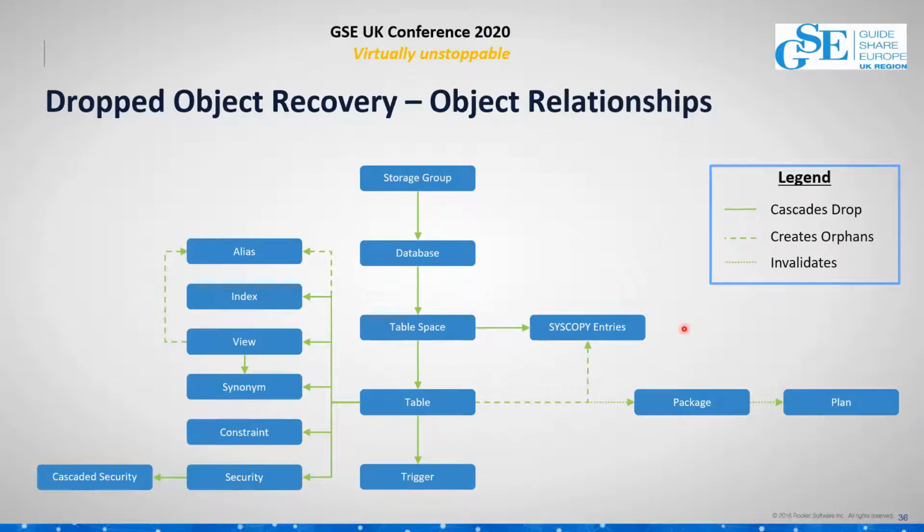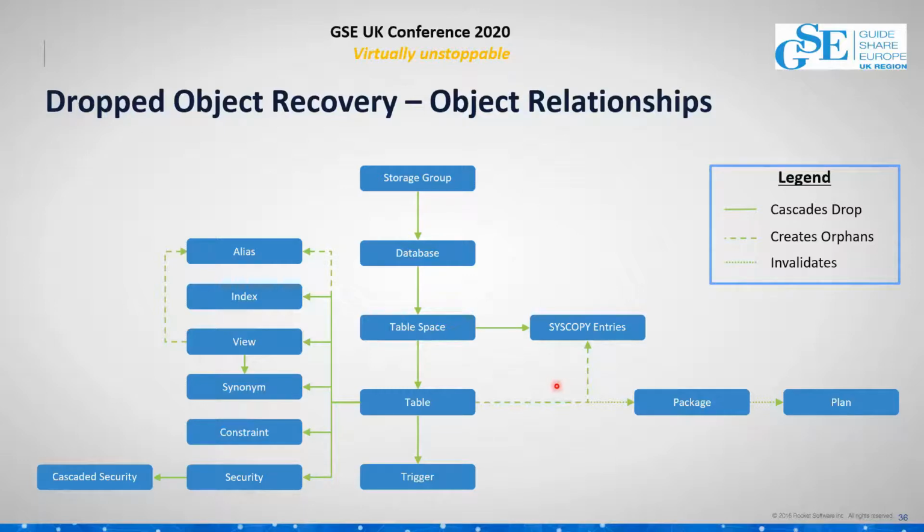Orphans are created for packages. For example, they are invalidated, and the SYSCOPY entries are removed if you drop a table space. If you only drop a table, you just leave the orphans in SYSCOPY here. So there is a big dependency on the different objects in the catalog, depending on which object you actually drop.